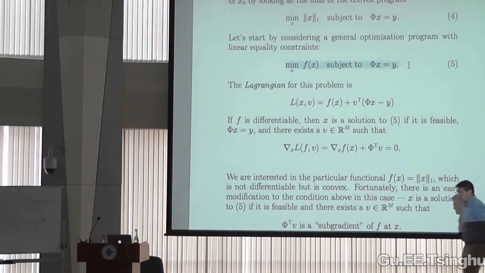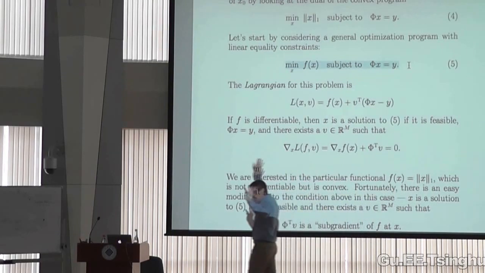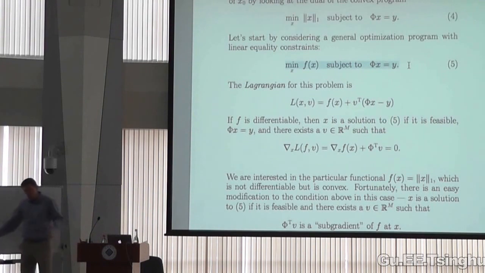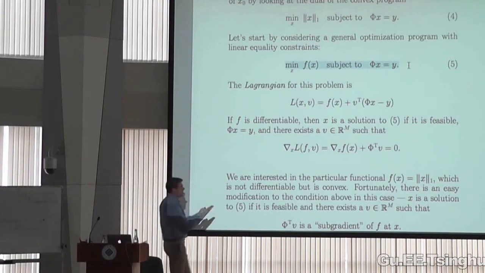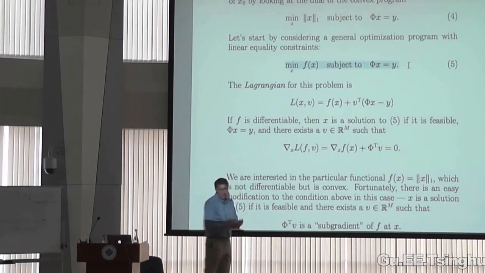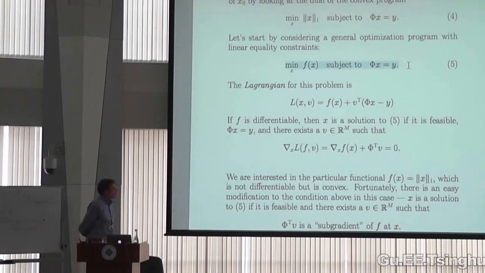If f is differentiable and I didn't have those constraints, so just an unconstrained problem, you could do exactly the same thing as in the calculus case. Even if f is a function of many variables, you can still take a derivative, which is now a gradient, and find the value of x where that gradient is equal to 0. That would be exactly the same as the derivative trick in calculus.